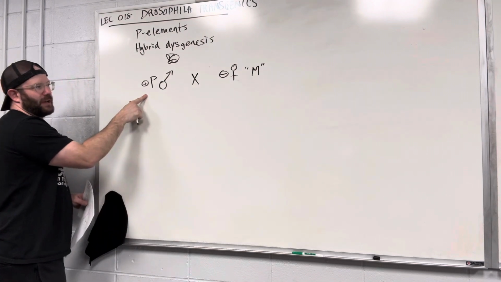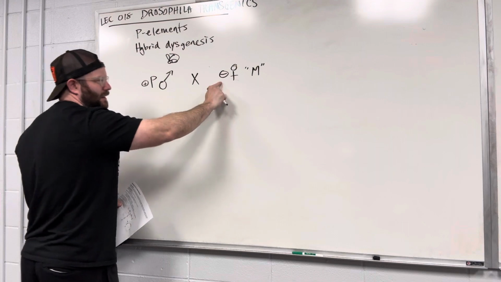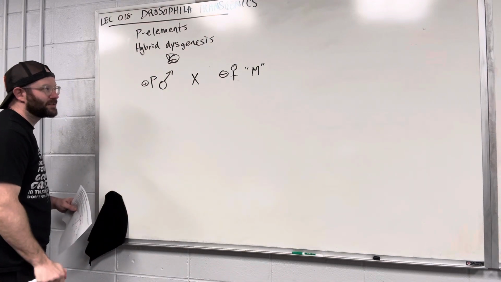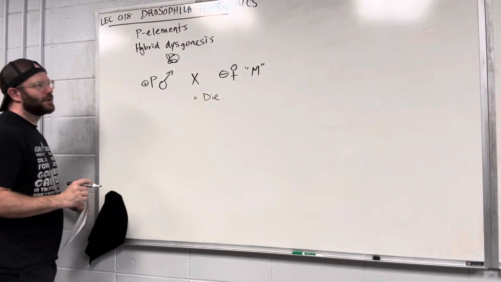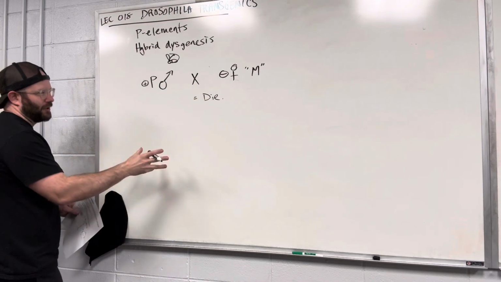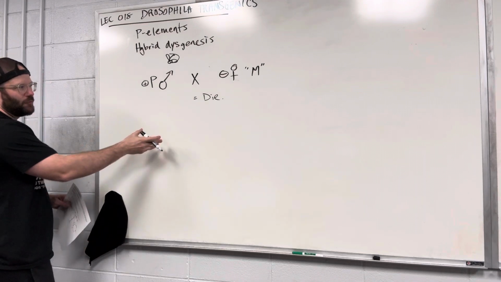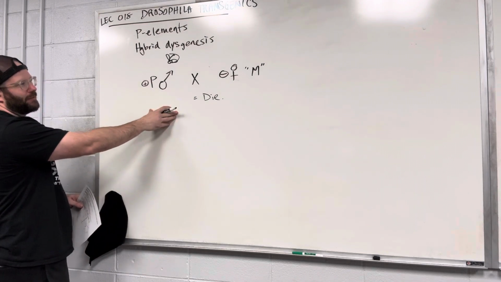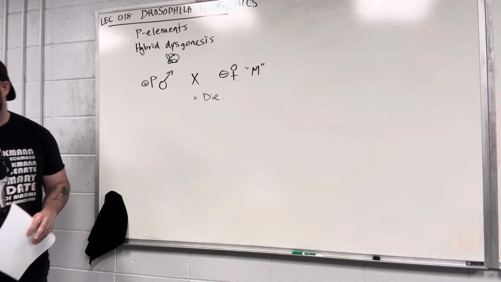So there's a P positive male. If he crosses to a female that does not have P elements, these embryos die. Okay. So first question that you should contemplate is why might you get embryonic death in the case of this cross? What do you think could be a molecular cause of the death?